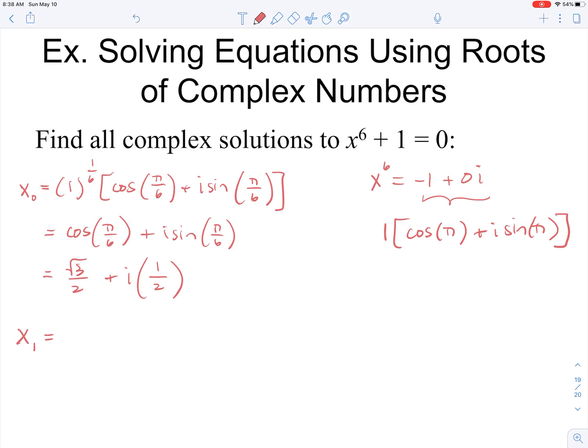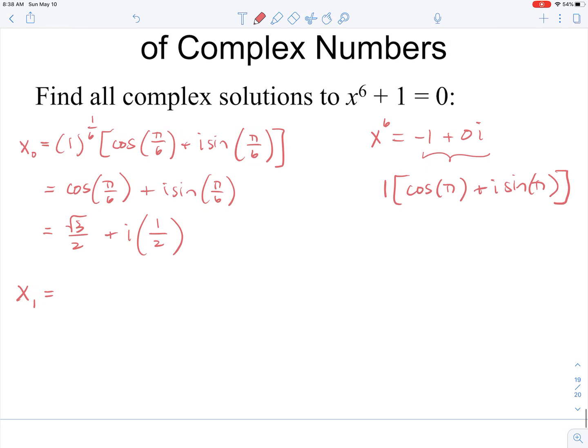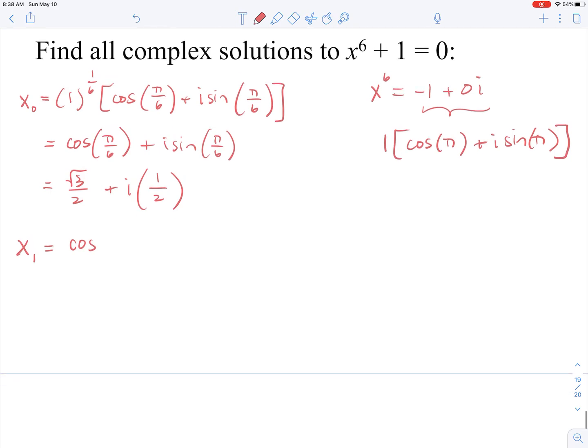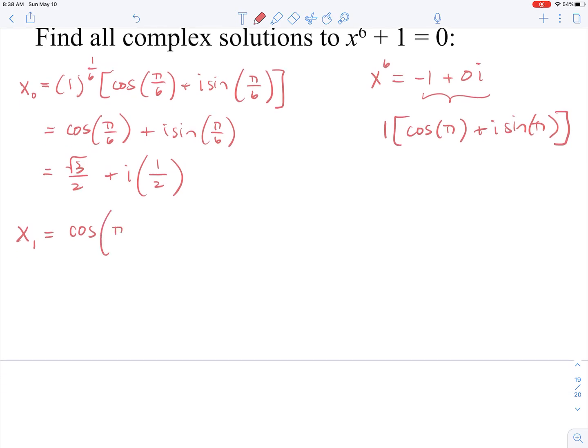The second solution we could call x sub 1. And I'm going to just take that previous angle. You can think about applying the nth root theorem and letting k be equal to 1. We're adding 2 pi divided by 6. The modulus is still 1. 1 to the 1/6 power is still 1. So I'll have cosine of pi over 6 plus 2 pi over 6.